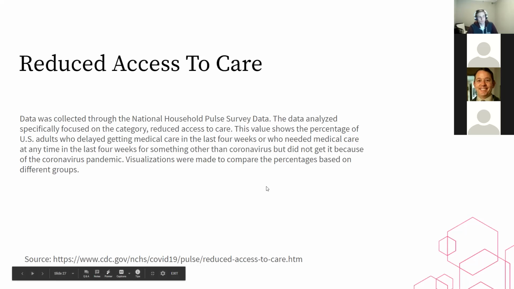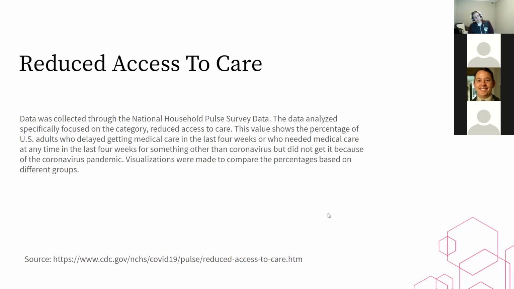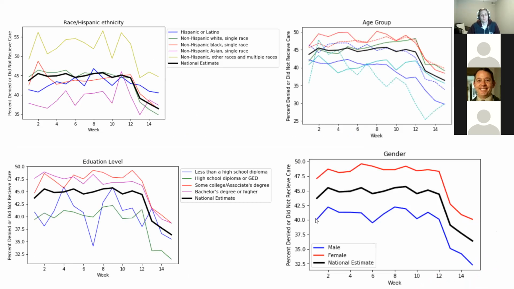The values show percentages of adults who delayed getting medical care in the last 4 weeks, or who needed medical care at any time for something other than coronavirus, but didn't get it because of the pandemic. So we looked at these based on different groups. The one in the top left is based on race.